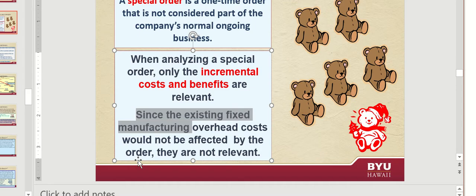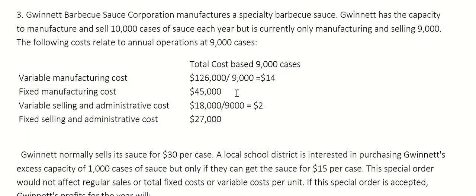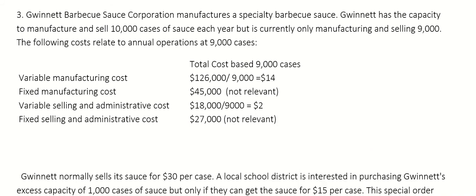Let's go back to what it says. Not be affected, therefore are not relevant. So this is not relevant, and not relevant. Okay, so they want to pay $15 per unit, and that would be 1,000 units. $15 per unit.